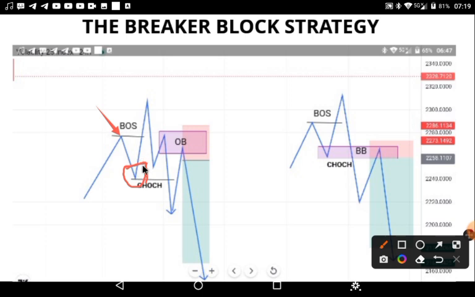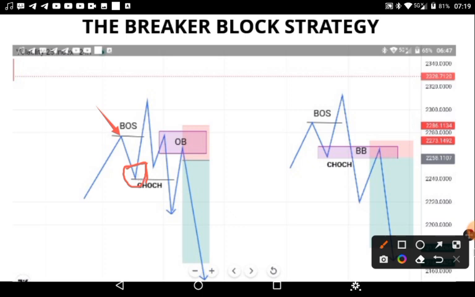Then maybe one will be left here, which is going to be red in color. That red candle is the bearish one, and that will be the candle to print before breaking the structure. Now when that happens, we say that candle is the order block. Basically, an order block is the last opposite candle before the break of structure.